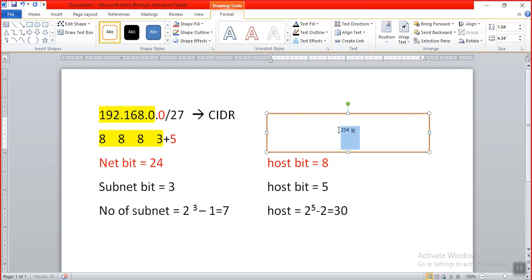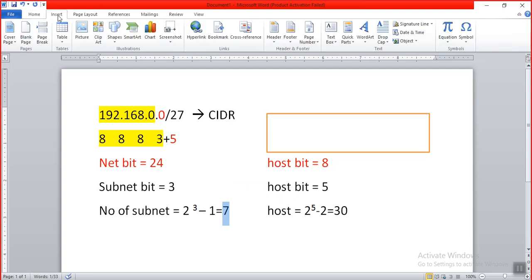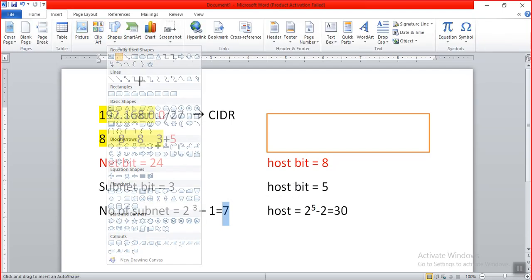Now, the requirement is different: 7 rooms. This room is going to be divided into 7 different rooms.